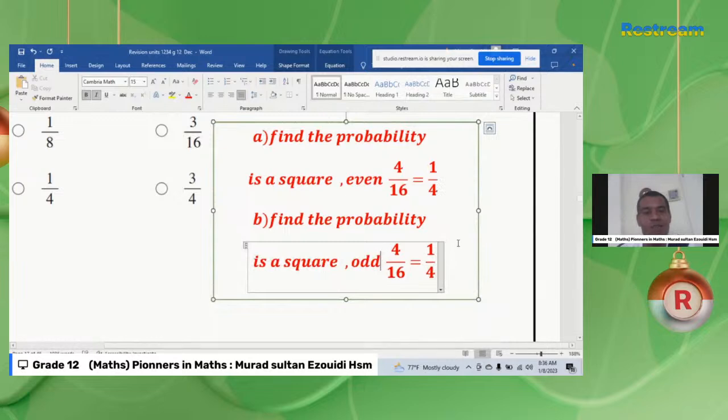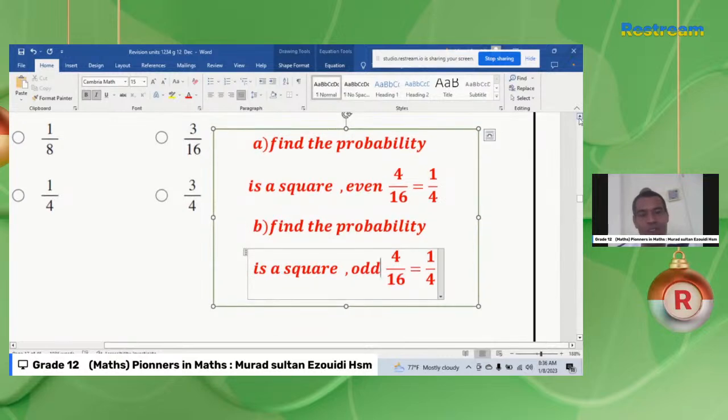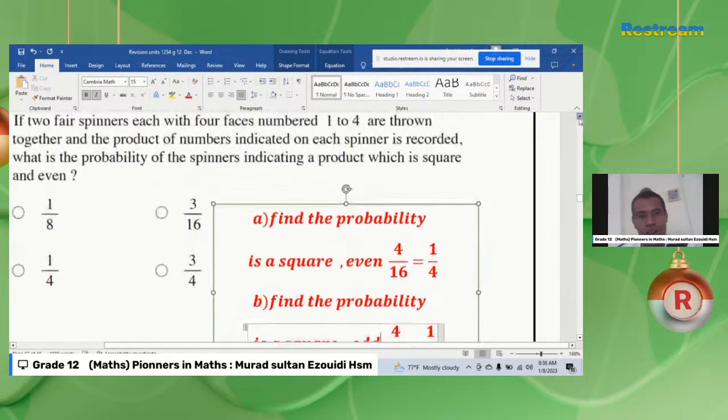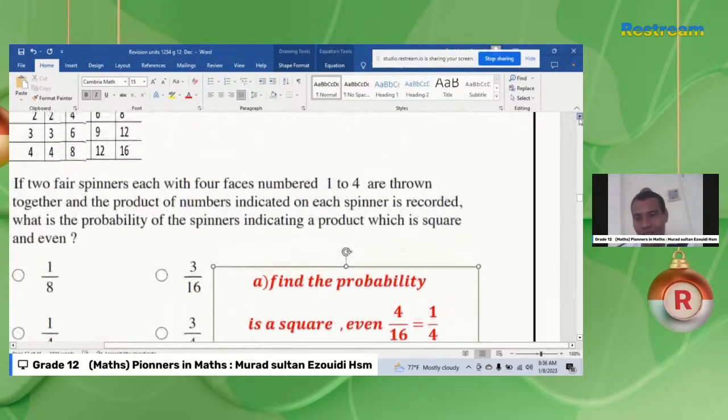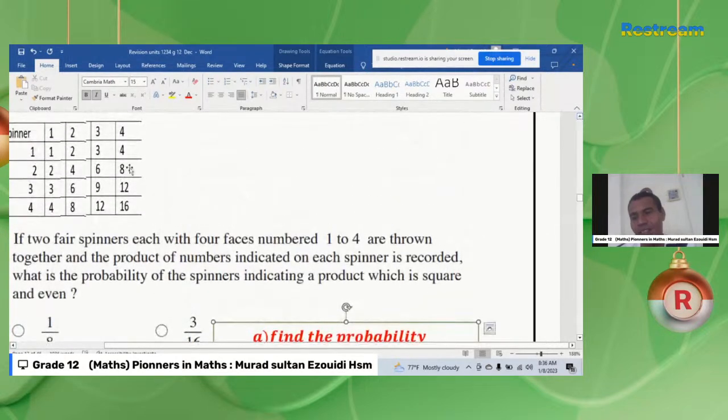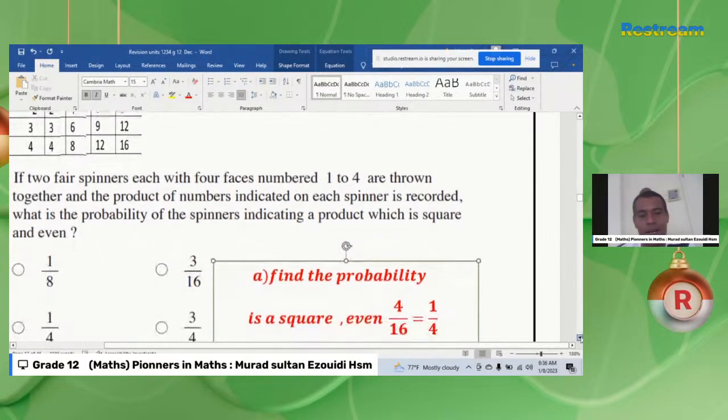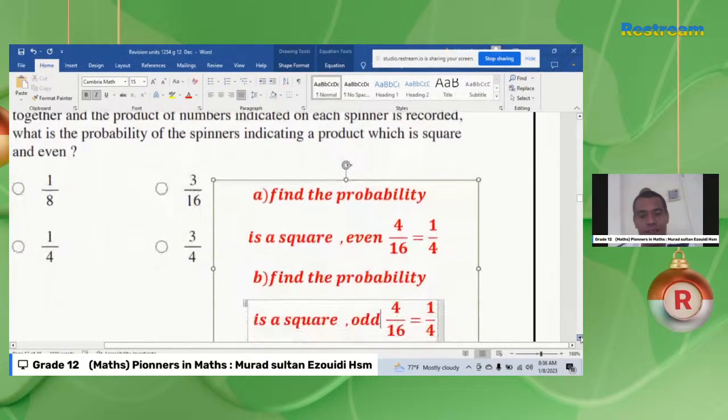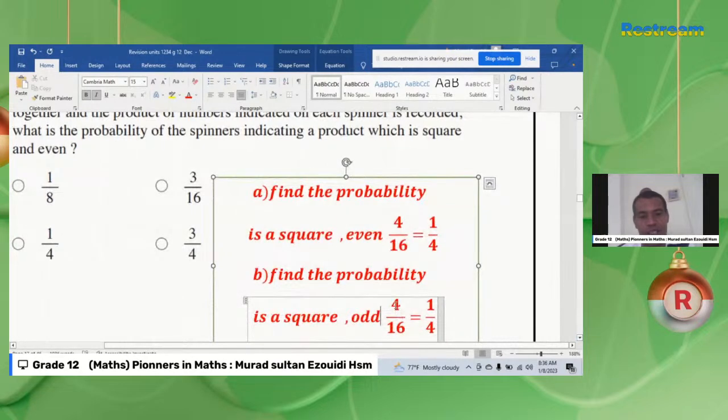How many odd numbers are a square number? We have 1 and we have 9. The only square numbers that are odd in this sample space diagram are 1 and 9. So it will be 2 divided by the total possible outcomes, 2 divided by 16, which is equal to 1 over 8.